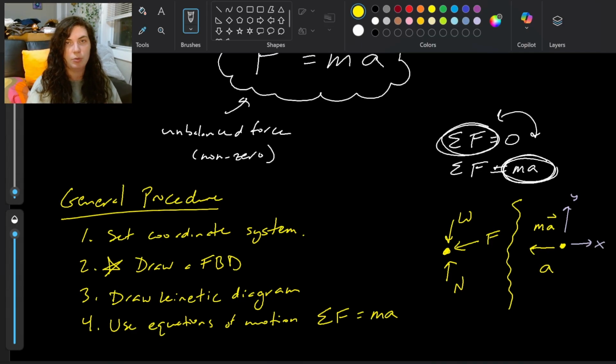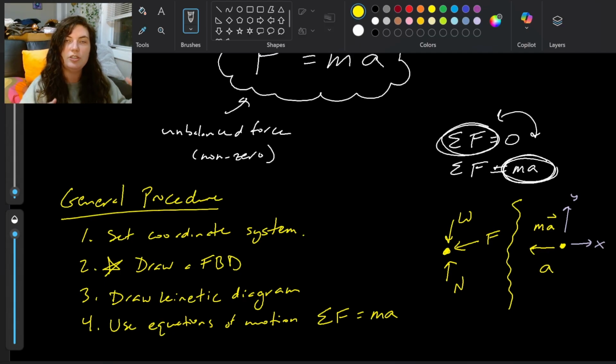So if you're, for example, in a rectangular coordinate system, the XYZ coordinate system, you're going to have sum of x forces equals mass times x acceleration. Sum of y forces equals mass times y acceleration. Sum of z forces equals mass times z acceleration. You're breaking them up into those components still, as we saw in statics. We're just doing this time equaling mass times acceleration.